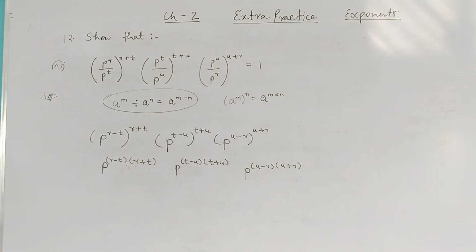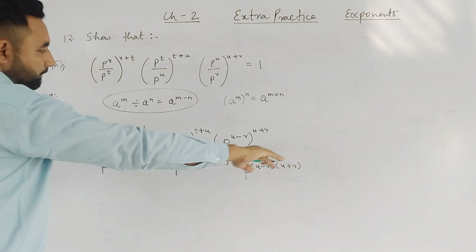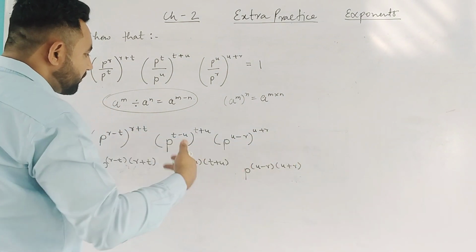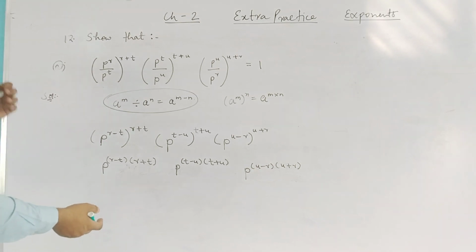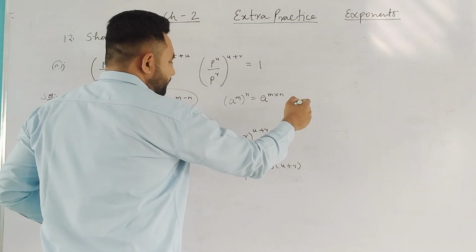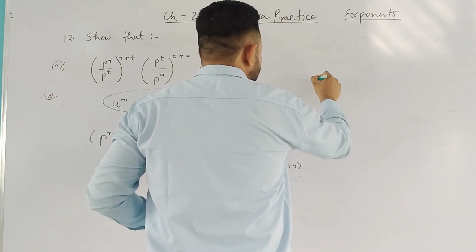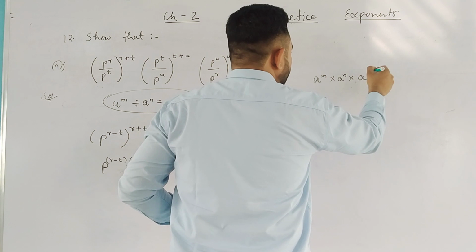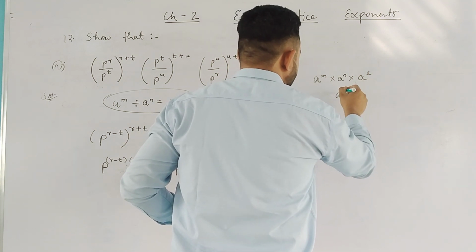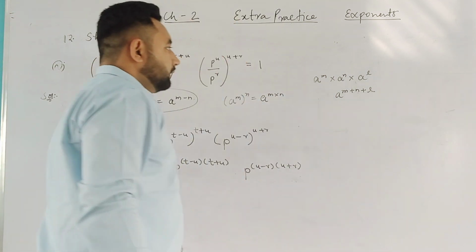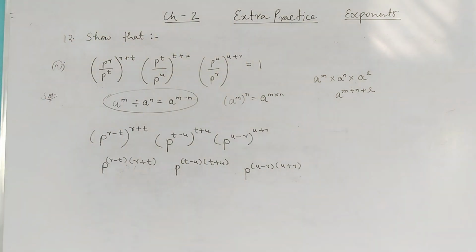Right? Now when all the bases are the same, what are we supposed to do? a^m × a^n × a^l equals a^(m+n+l).